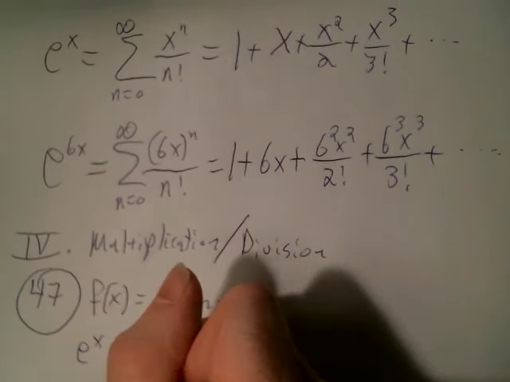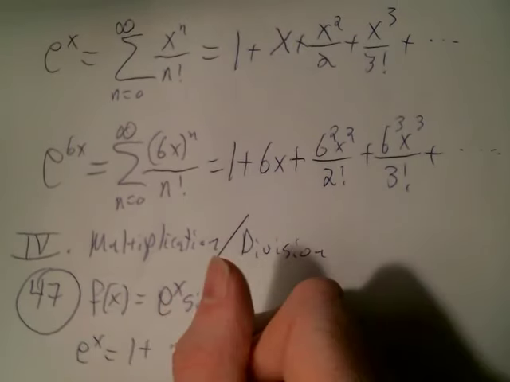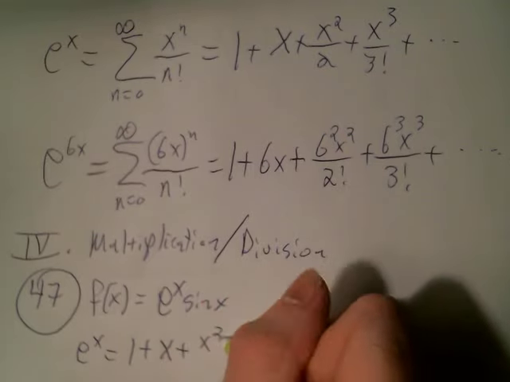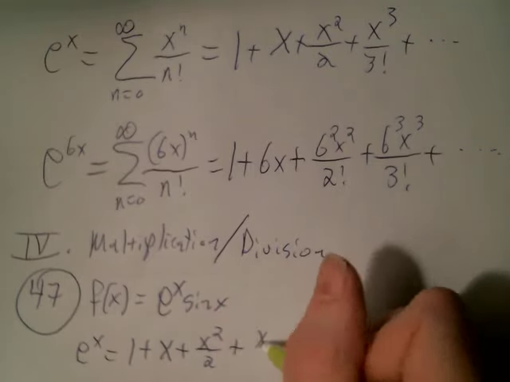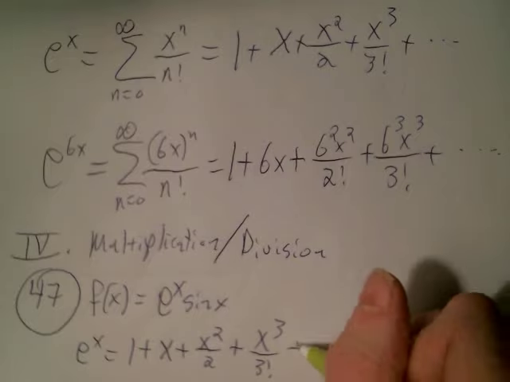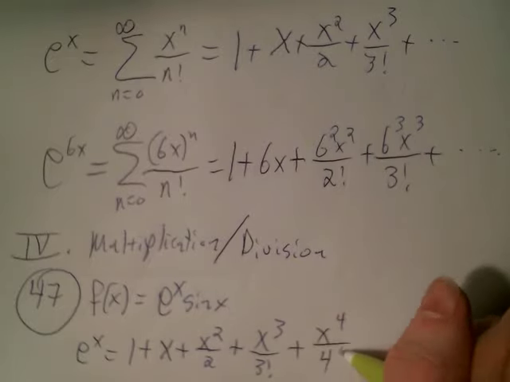And so we have e to the x is equal to, from above, 1 plus x plus x squared over 2 plus x cubed over 3 factorial plus x to the 4th over 4 factorial.